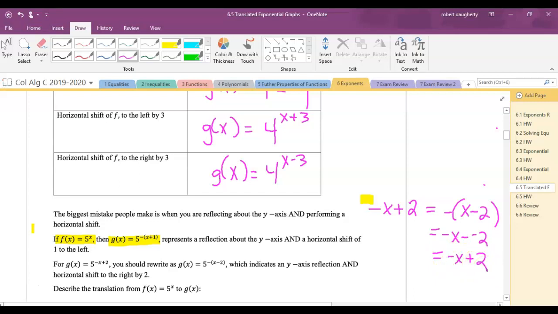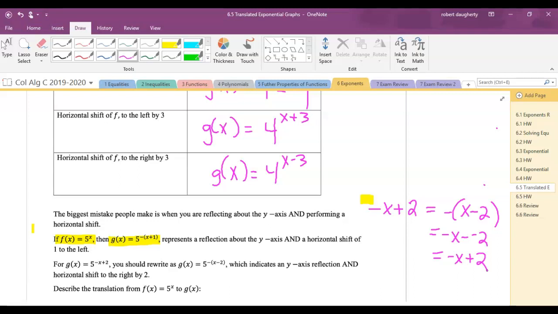So when you see an expression like this, 5 to the negative x plus 2, you have to write it as a negative in front of this entire exponent expression, okay? So now what does this mean? This negative means it's been reflected where? About which axis? The y-axis. This minus 2 means it's moved where? Minus 2?